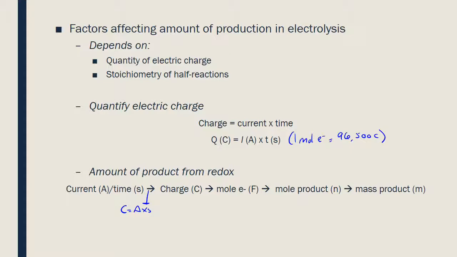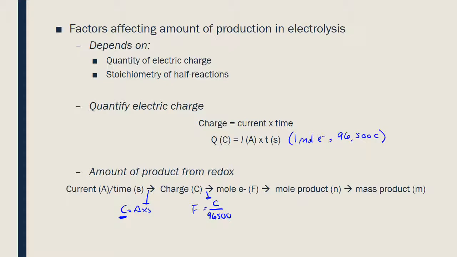Once you know charge, which is C, we need to go to moles. This is using Faraday's constant: C, your coulombs that you calculated previously, divided by Faraday's constant of 96,500 coulombs. And that is going to give you how many moles of electrons are present.